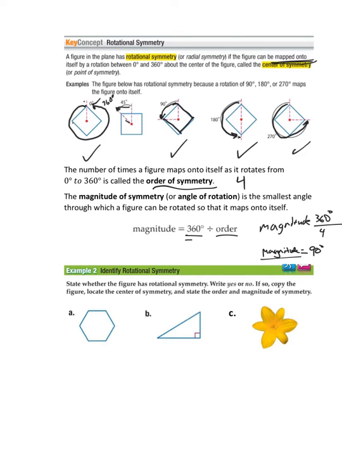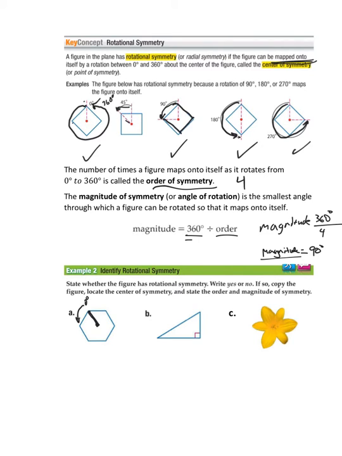So trying to do that on these next couple of shapes, trying to determine whether they have rotational symmetry. I would challenge you, and it's probably an easier problem if you imagine starting, this is your 0 degrees. When's it going to map onto itself?